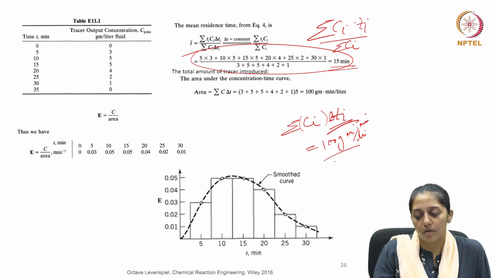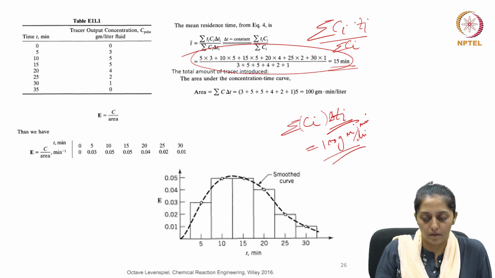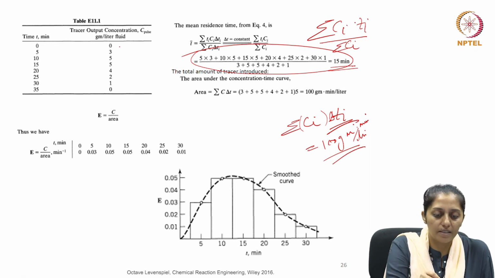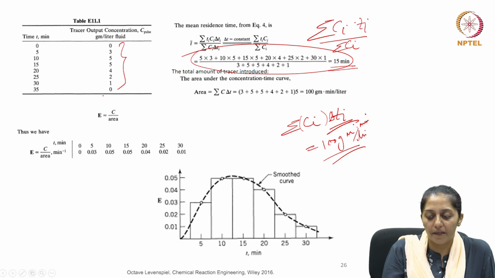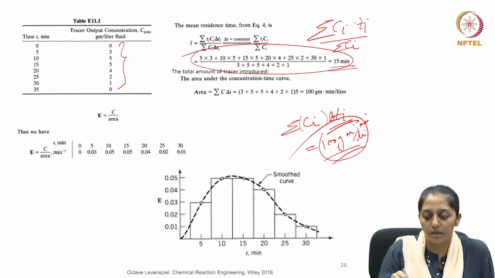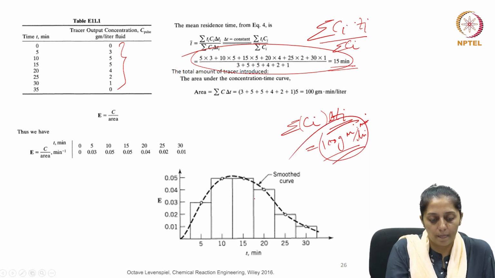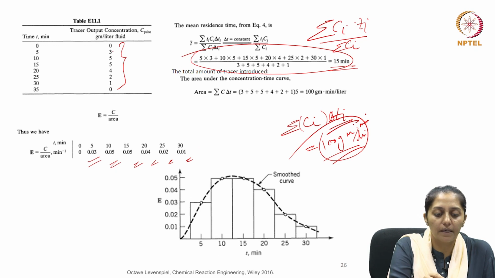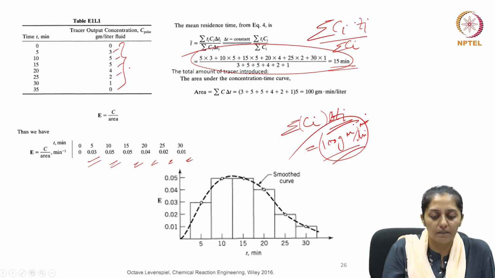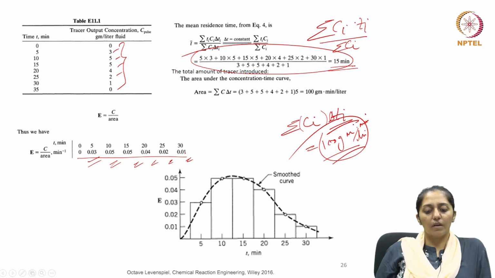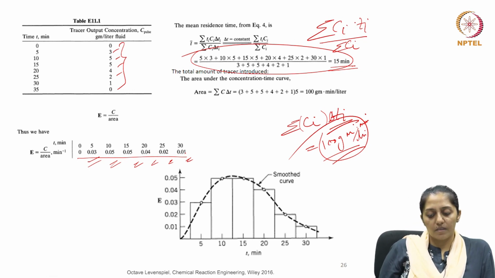Now we divide all these C pulse values by this area, and we get the corresponding E values. So if you divide all these C values by 100, you will get your E values. So this is your E curve, the E versus t curve.